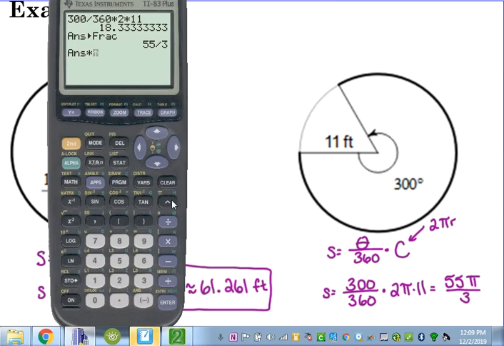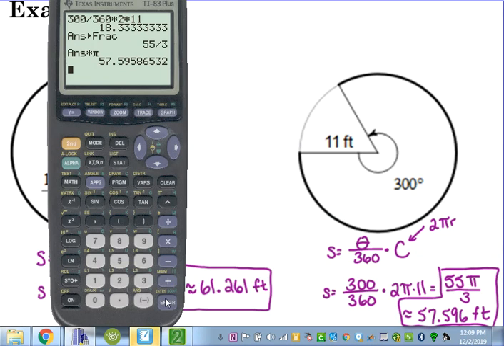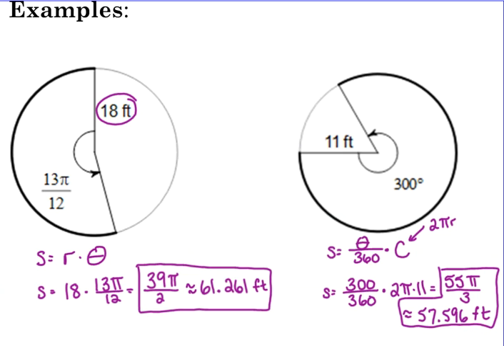Or the approximate answer, multiply out the pi, approximately 57.596, and this is feet. Now, obviously, the exact answer has the same units. I'm just going to write it beside the decimal approximation.